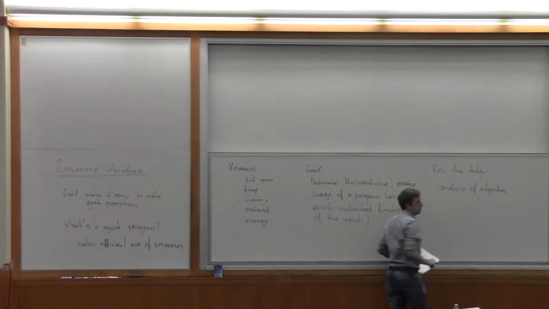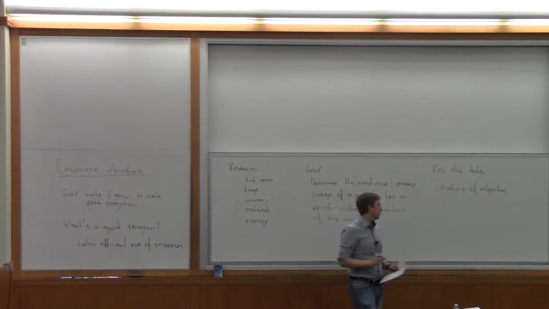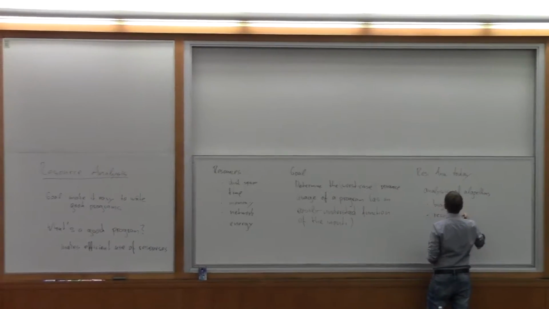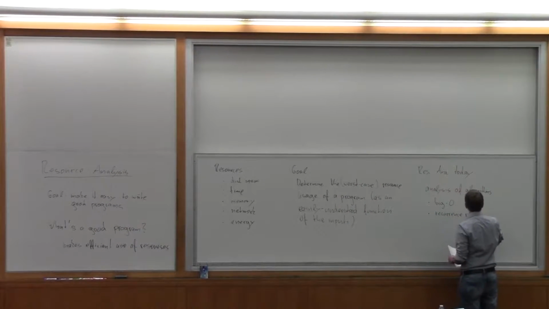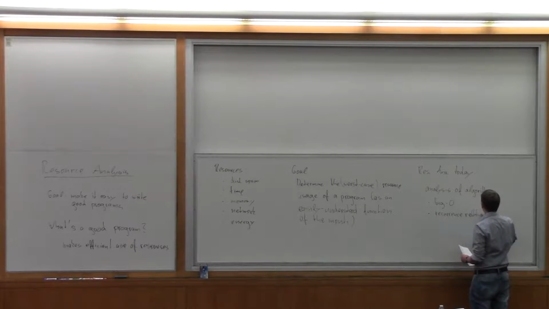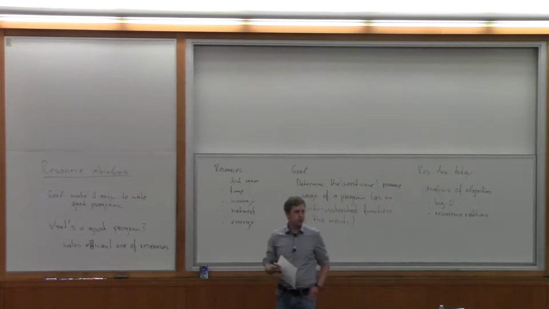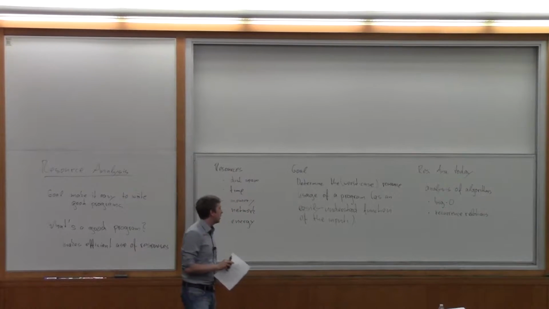And there, what people usually use is this big O notation, so asymptotic, and recurrence relations. I think that's something that all of you learned in your intro courses.